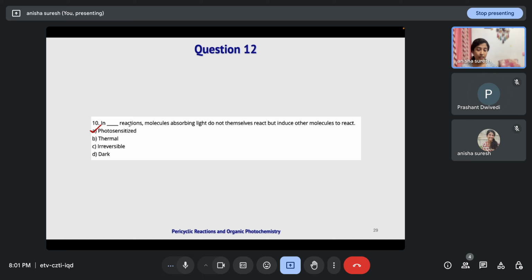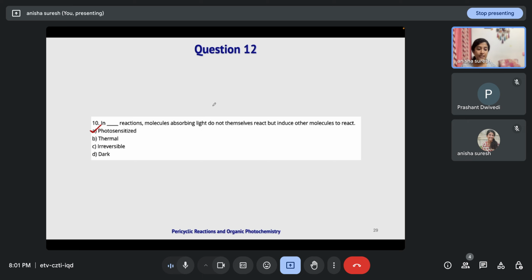So the molecules will be absorbing light. They do not react themselves. Instead, they transfer that energy to other reactant molecules and induce those molecules to react.